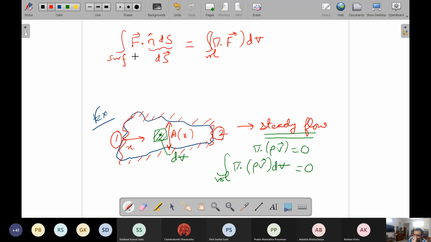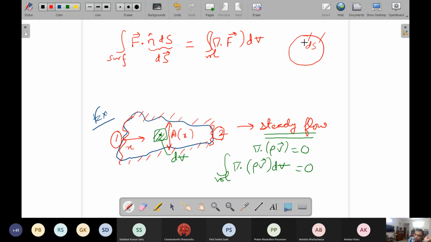What it says is that if f is a vector function, any vector function, there is no restriction, then consider the dot product of f with the area vector. What is the area vector? You have to consider a closed surface, and you can take a small area, say ds.